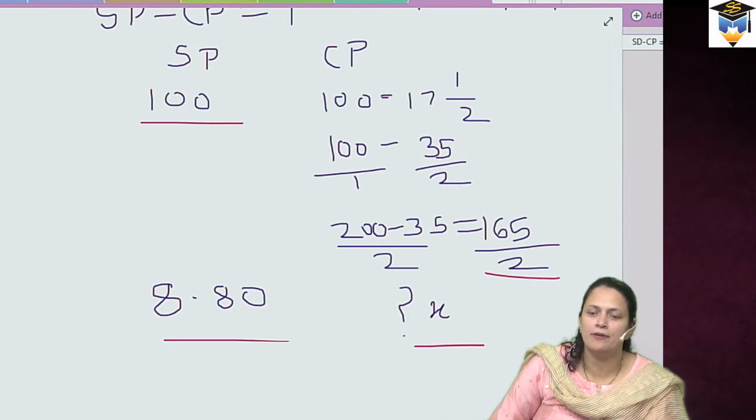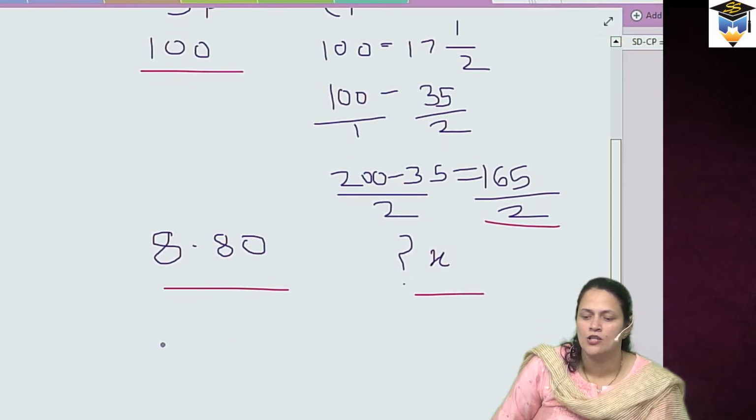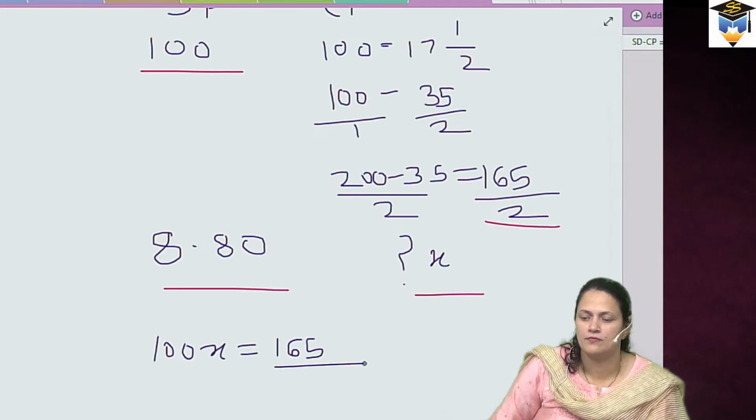Cross multiply and tell me what answer would you get. So 100x. Find out the answer.